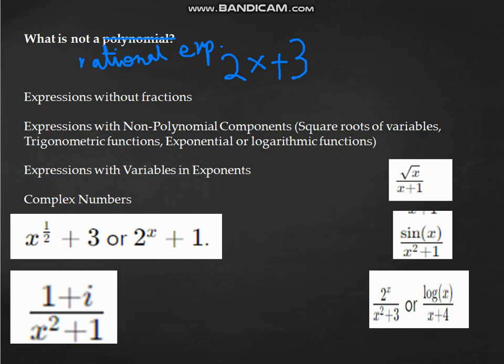Okay, so I am back with the examples. As you can see, there is this example where we have root x divided by x plus 1. When we see a square root of a variable, that means the expression is not a rational expression. Then we have sine x divided by x squared plus 1.